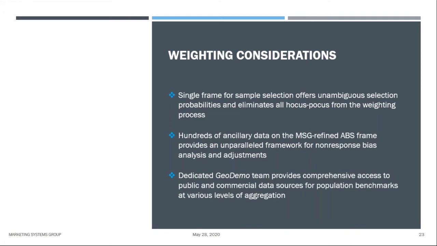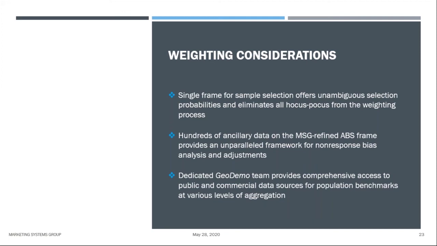But with address-based methodology, it can get cleaner and simpler when it comes to weighting. We have known selection probabilities, even if you have applied a very complex stratified design. And from there, the weighting process follows very cleanly and coherently.